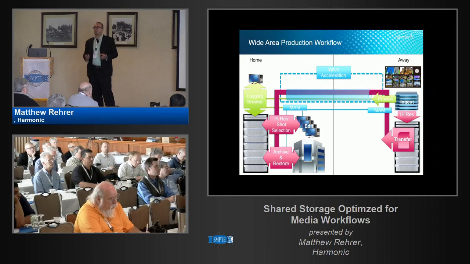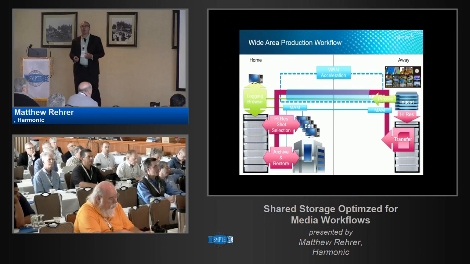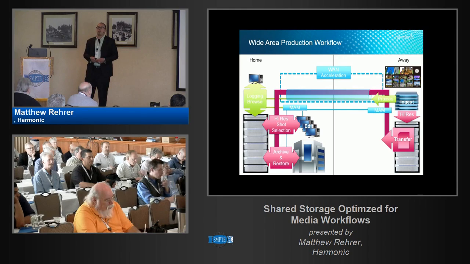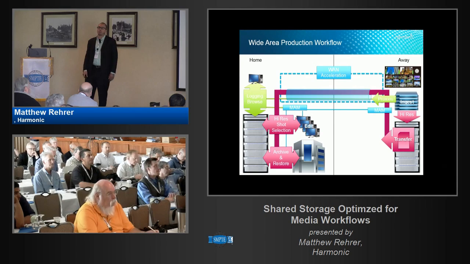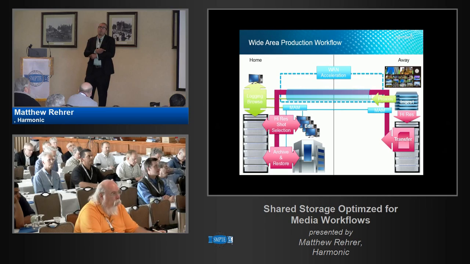I ran out of pixels on this diagram, so if I were to really portray this accurately, there's a whole bunch of other stuff here, including editorial on both sides of the ocean, and so you actually wanted the full heavyweight MAM on both sides of the ocean, and in fact, the pipe could be used bidirectionally. You might pull something from the archive across the ocean to the other side, just like you would pull the high-res in, but great question.